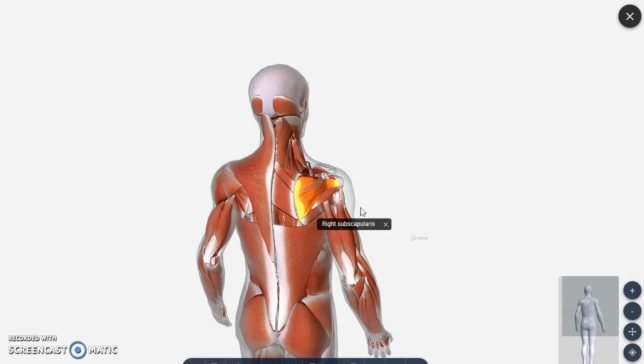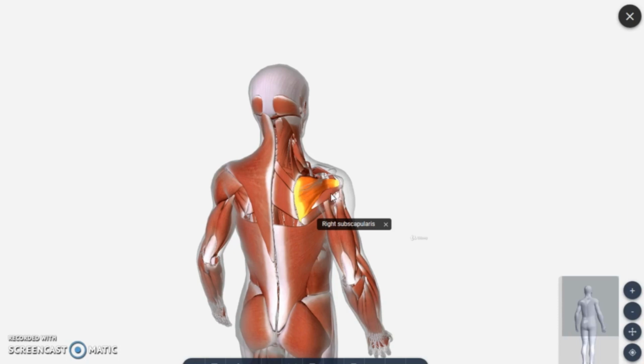So about the scapular muscles, these are the things you have to remember: trapezius, latissimus dorsi, and how they are oriented. Below the trapezius we have levator scapulae, rhomboideus minor and rhomboideus major, and then we will be having supraspinatus, infraspinatus, and below that in the ventral aspect we will be having the subscapularis muscle.